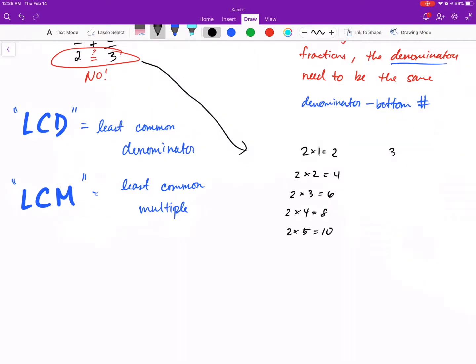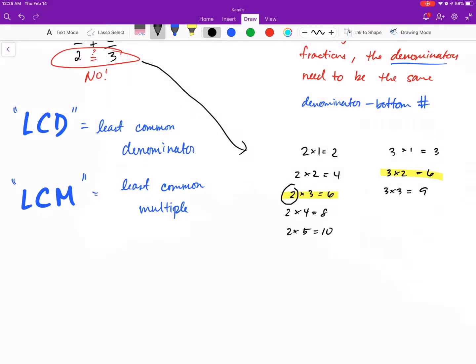Now we do 3's, right? 3 times 1 is what? 3. 3 times 2 is 6. 3 times 3 is 9. We can actually stop there because we found a similarity. Right? What's the similar number here? 6.